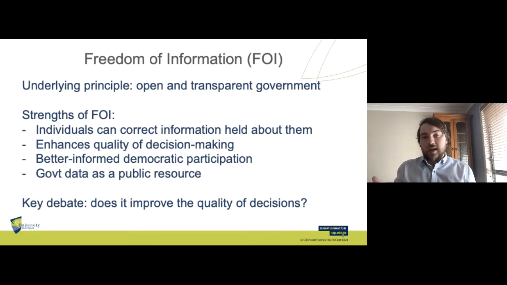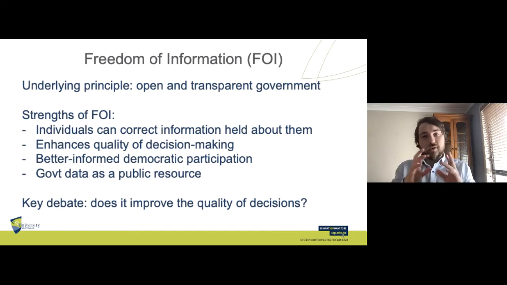On the one hand, and we talked about this a little bit last week, there's a school of thought that says that when we lay government processes bare, when we're able to access all the information and evidence that they had on hand to develop a policy or make a decision, that improves the opportunity to scrutinise that decision. The government knows that, so it's motivated to work harder to make a good decision in the first place. If there's a problem, it's easier to pick that up and then we can go back and correct it.